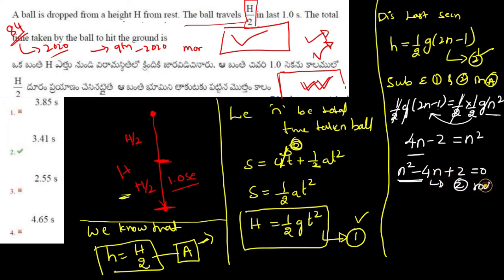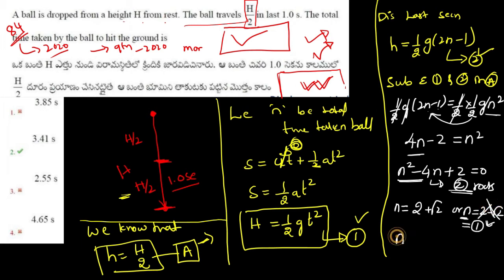If I take the factors of this one, I will get n equal to 2 plus root 2 or n equal to 2 minus root 2. Already it is said that the time taken to travel the last half is equal to 1, so the answer should be greater than 1. So this one will not be useful.